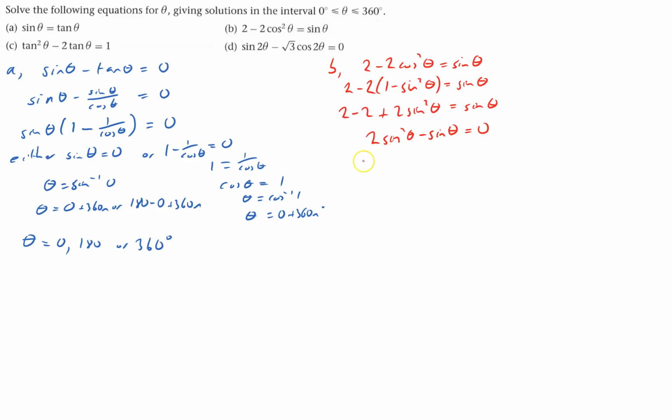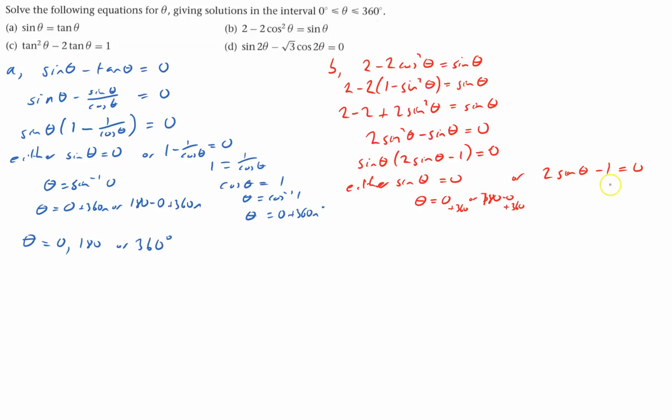Now I can factorise it as I did before. So sine theta times 2 sine theta minus 1 equals 0. Something times something equals 0. So therefore either sine theta equals 0, or 2 sine theta minus 1 equals 0. So theta equals, we've done that before, 0, or 180 minus 0, and each of those repeats every 360.